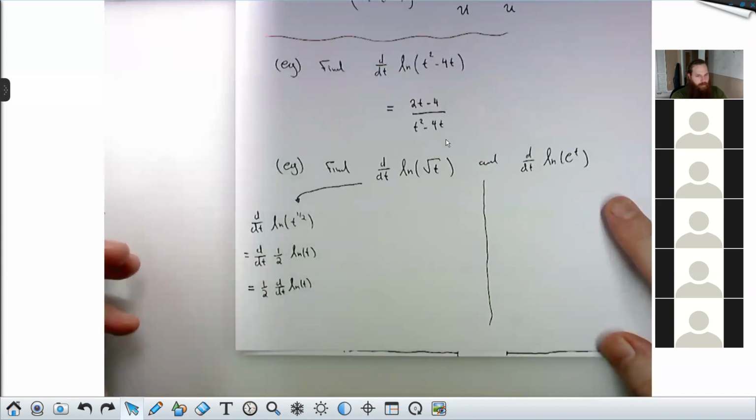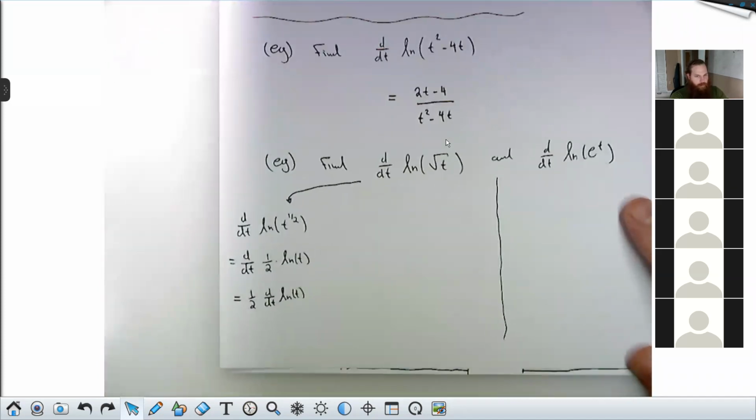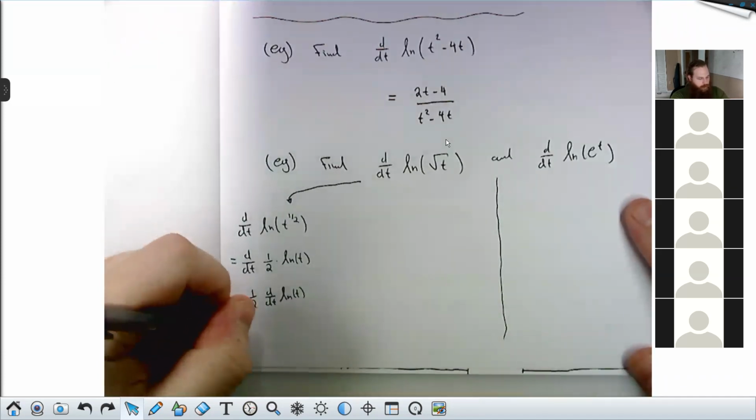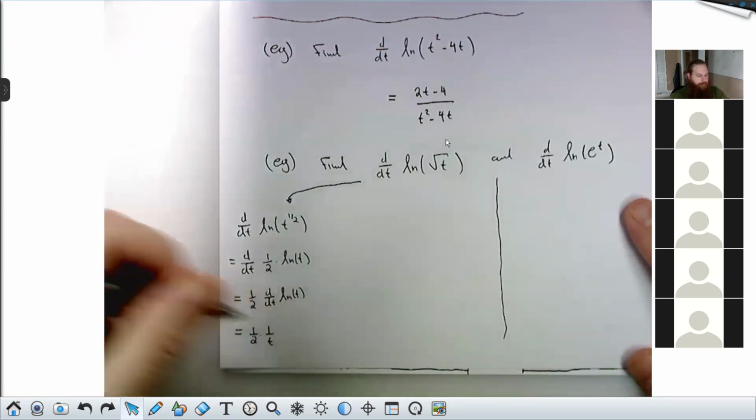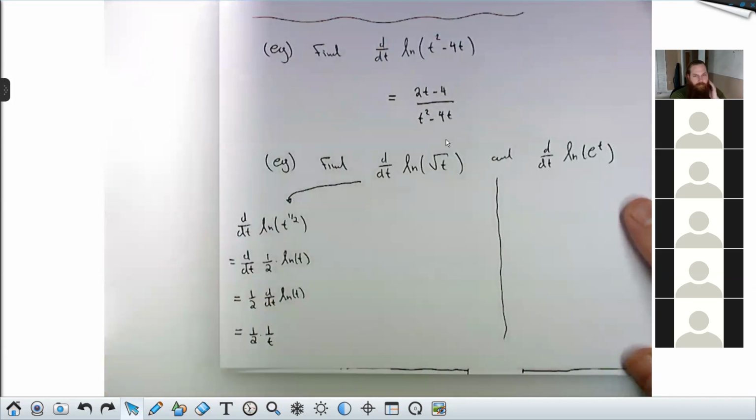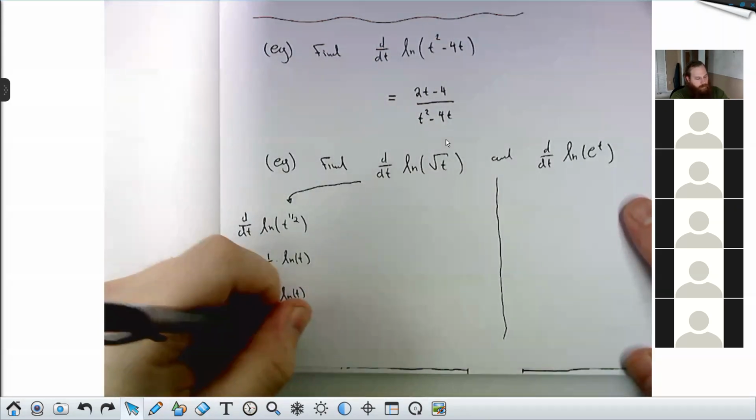And the derivative d/dt of the natural log of t is just 1/t. That was easy. This is just 1/2t.